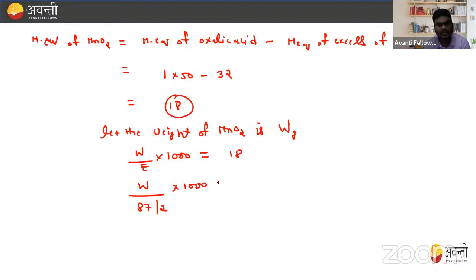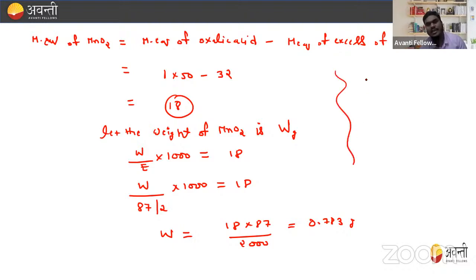So W upon E into 1000 is equal to 18, and from this you can calculate the weight. So what does the weight come out to be? Can anyone tell? The weight is 87 divided by 2000 times 18, so it is equal to 0.783 gram, right?